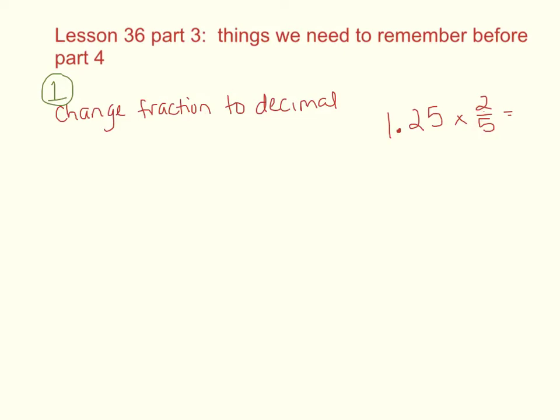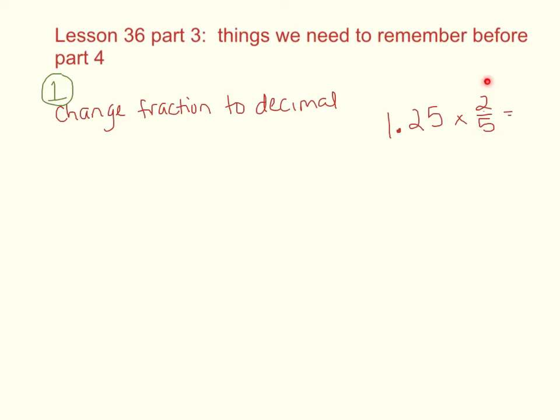Well, in order to do this, you need to either change this into a fraction or this into a decimal. And in my opinion, changing this to a decimal is easier because if I change this to a fraction, then I have to go through the steps of common denominators and all this stuff. So changing him to a decimal is a little easier in my opinion.